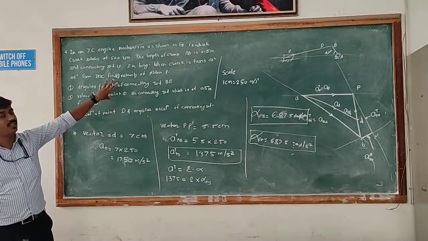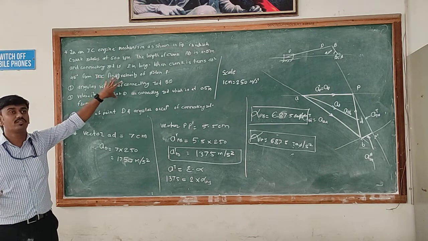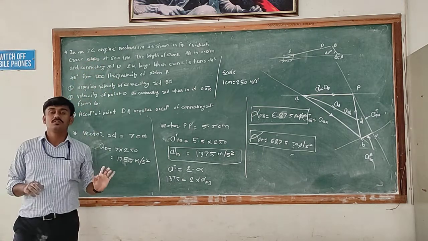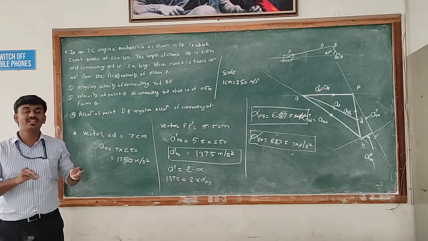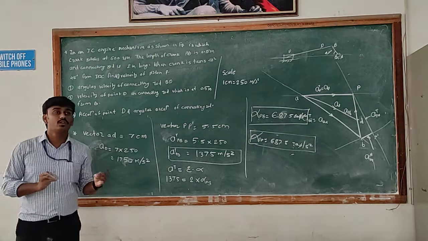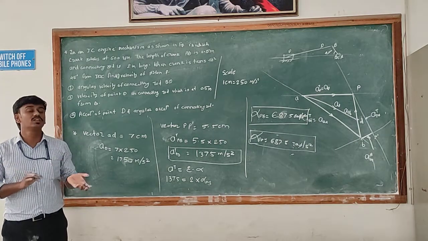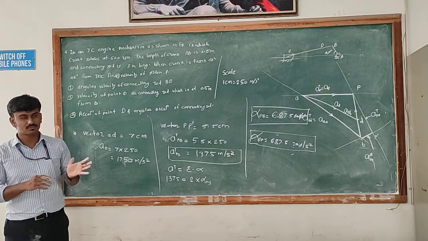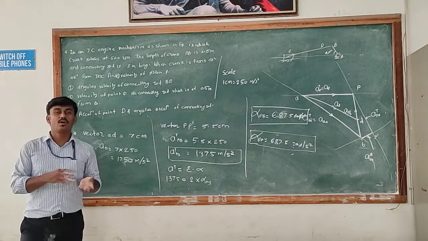So this is the numerical based on the relative velocity method. Up till now we discussed what the relative velocity method is, and how it is used to find the acceleration and velocity of a 4-bar chain mechanism or slider crank mechanism.